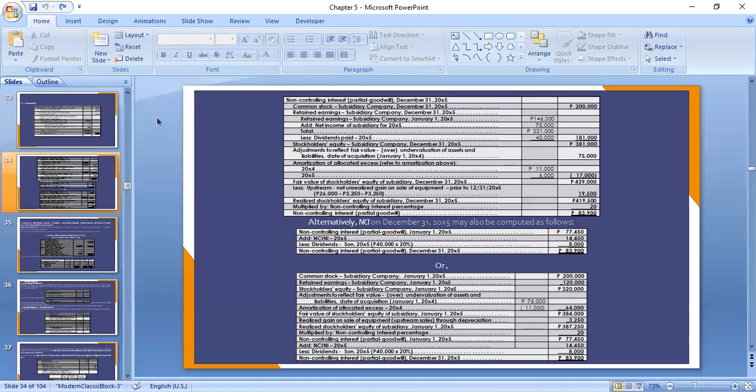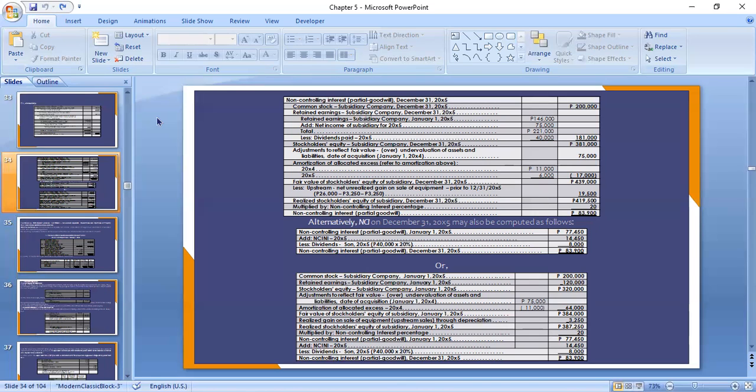Then the total stockholders' equity on January 1 and the adjustments to reflect fair value over or undervaluation of assets and liabilities as of the date of acquisition. Then we have the amortization of allocated excess in 20x4. And we have the fair value of stockholders' equity of subsidiary on January 1, 20x5. Realized gain on sale of equipment for the upstream sales through depreciation.